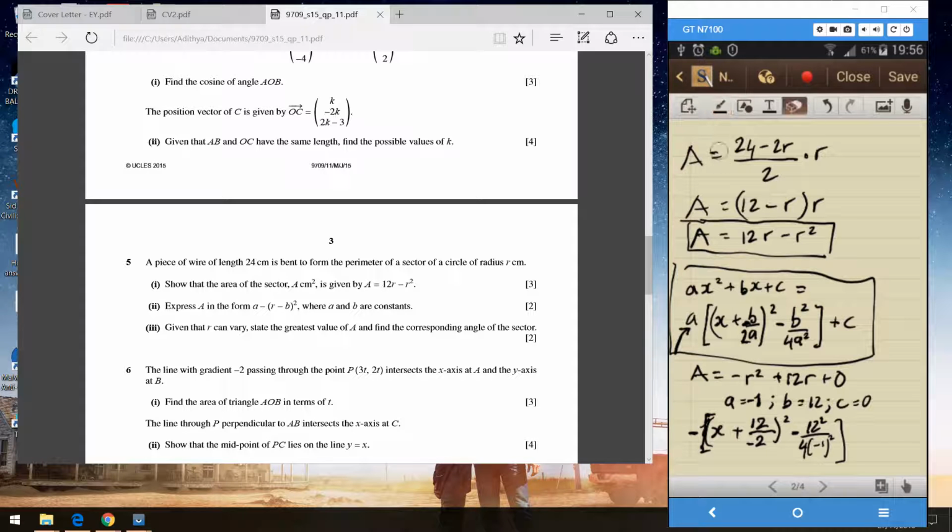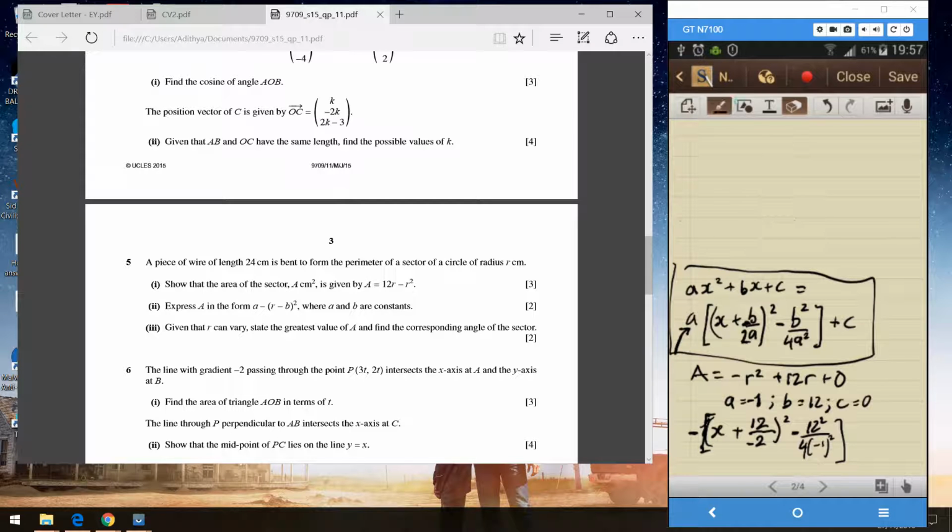Let me just erase these equations above. If you expand that, that will give minus r plus 12 over 2, that's minus 6, squared, plus 144 divided by 4, and that's 36.